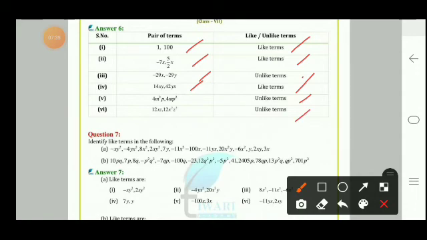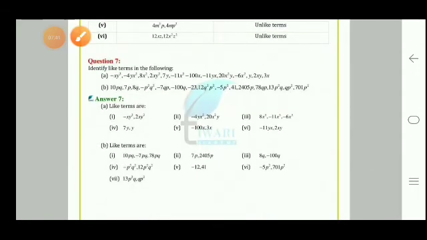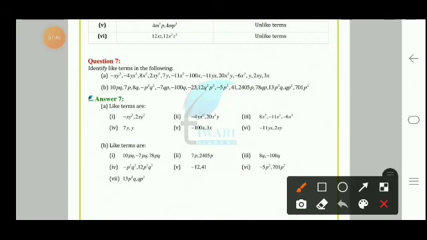Then question number 7 is to identify the like terms in the following. Like terms means they should have the same factors. In the first one we have xy square and 2xy square, so these are like terms. Then we have minus 4y square and 20x square y, which are unlike.